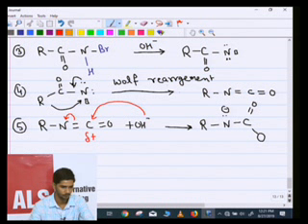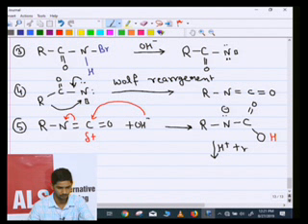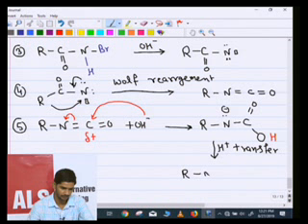Now this H will be transferred, which is known as the proton transfer. And after this transfer, it will look like this.